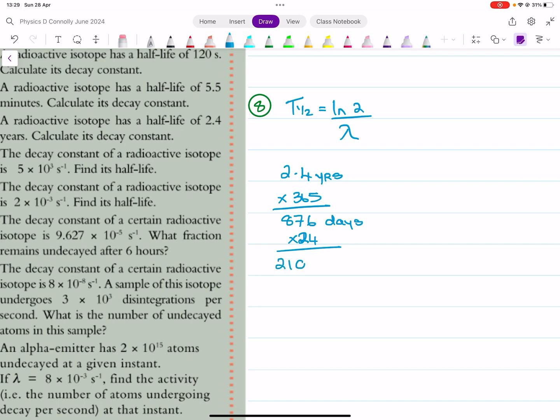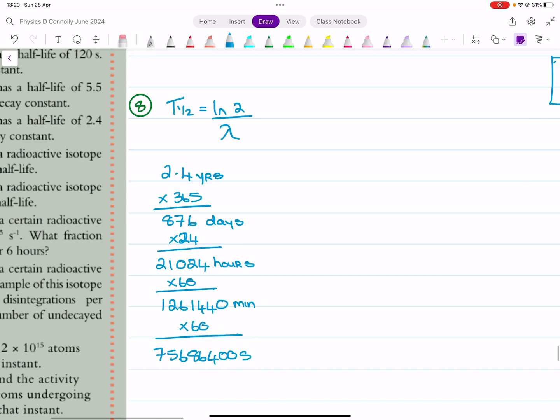It's 21,024 hours. Then multiply it by 60. And it's 126,140 minutes. And then multiply it by 60 again. 75686 seconds is the half-life.